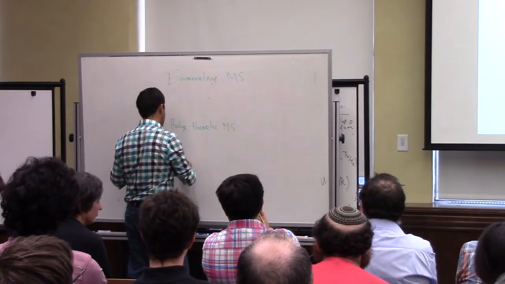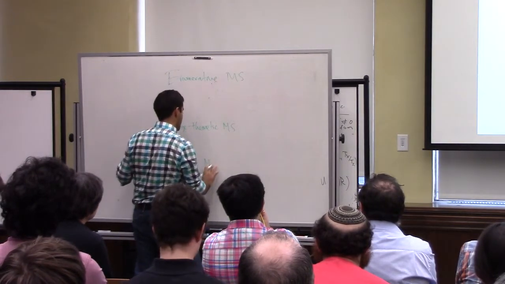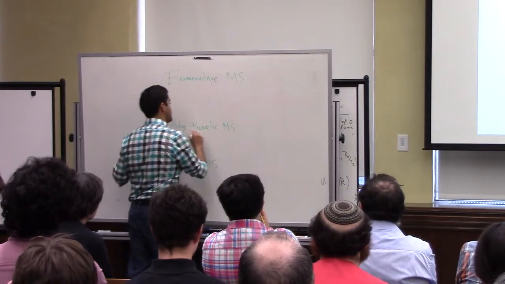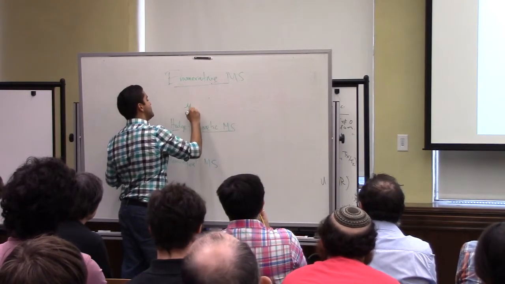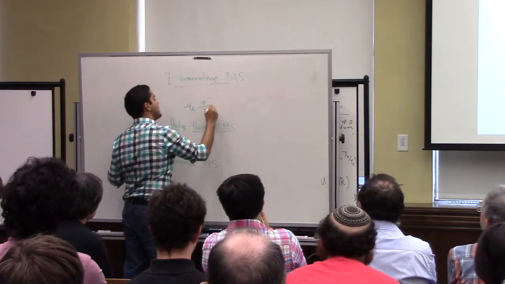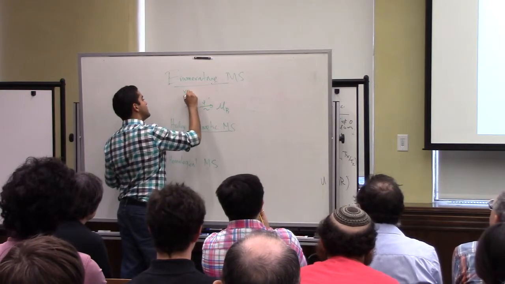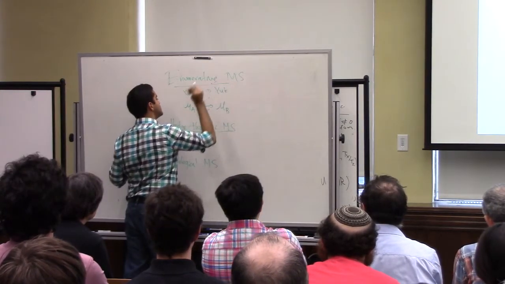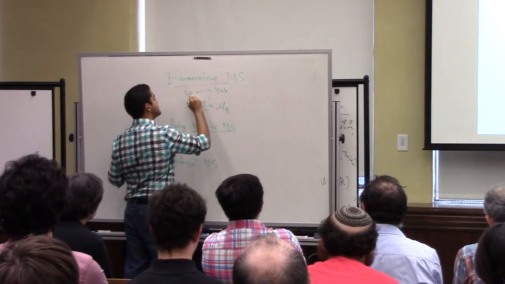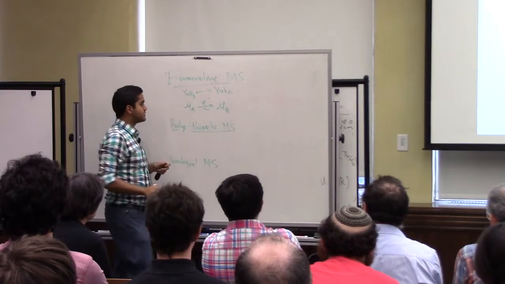And to be discussed, homological mirror symmetry. And enumerative mirror symmetry is saying that there's some isomorphism of formal disks that intertwines the Yukawa couplings.